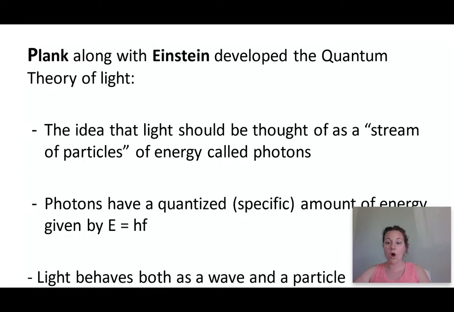They said that all these photons have a specific amount of energy, which is quantized. That's what the word quantized means. It means that they just have a specific amount of energy. And that this light behaves as a wave and a particle. And this is big because they always assumed particles and waves were very, very separate.